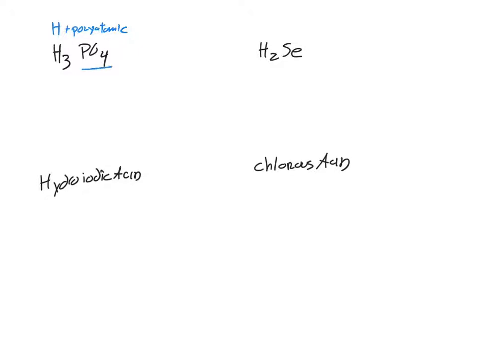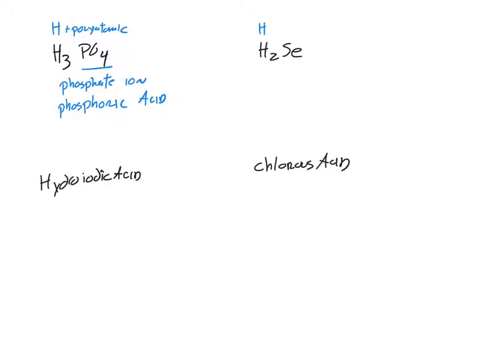So PO4 is the phosphate ion, so it becomes phosphoric acid, which is a weird spelling, O-R-I-C. Phosphoric acid, okay? So that's a polyatomic ion acid.